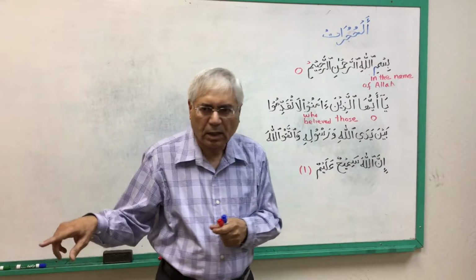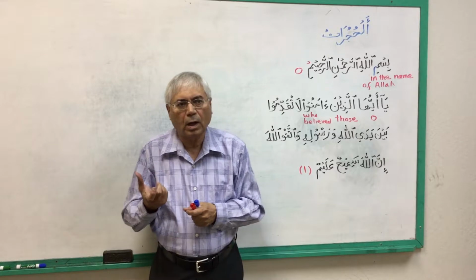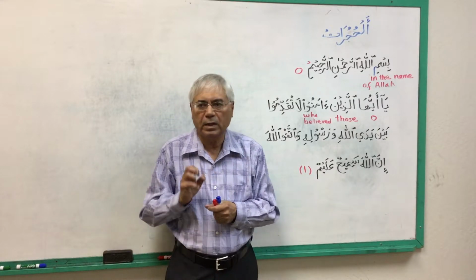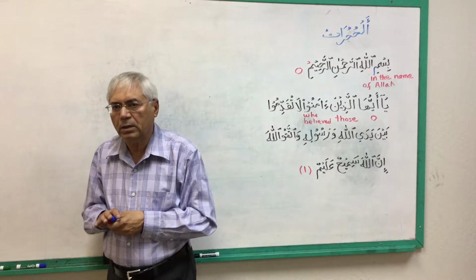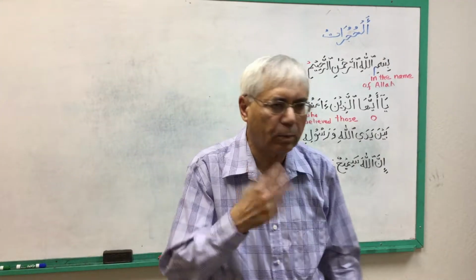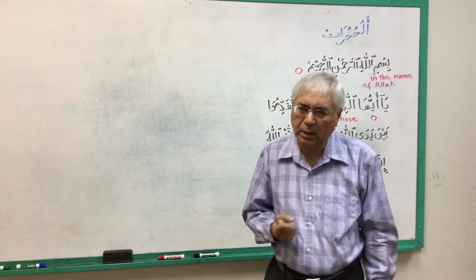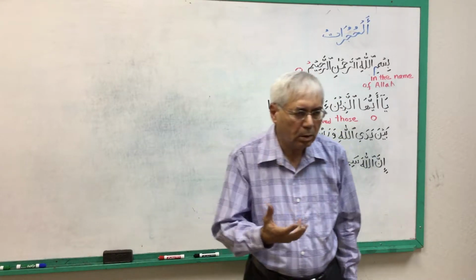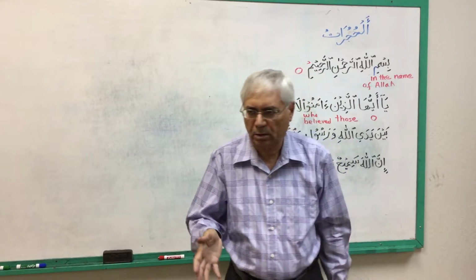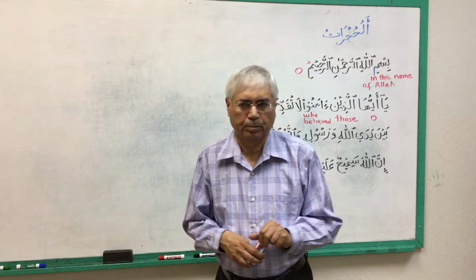The very last line has some boxes in them and they are called amr and nahi. We should spend some time on understanding the amr and nahi. Amr means Allah says do it. Nahi means Allah says don't do it.